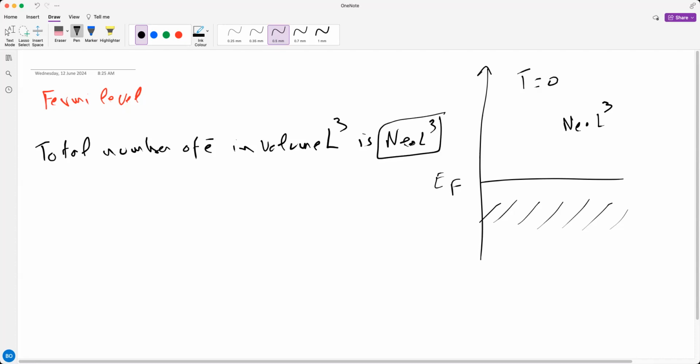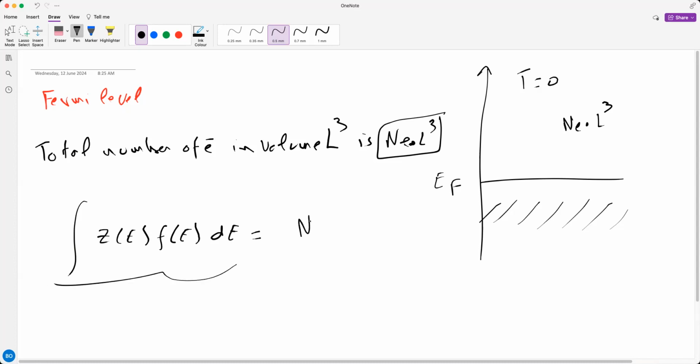Do you agree? Okay. Now I can also calculate the total number using the density of states. From the integral of Z(E) F(E) dE, the total number of electrons must be equal to Ne L cubed. This I know from just very classical calculations, but the quantum mechanical calculation is telling me that this can also give me the number of electrons.